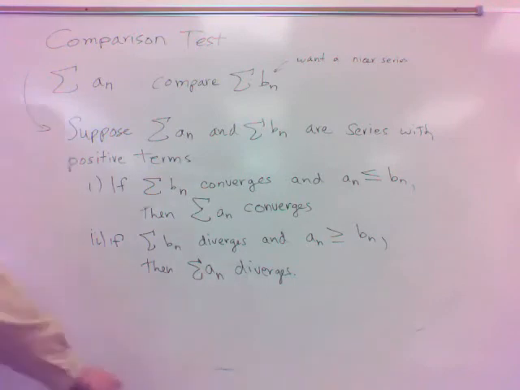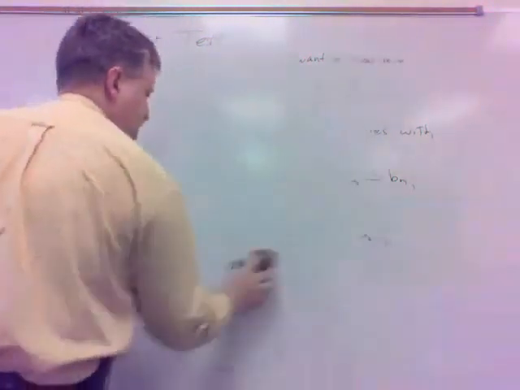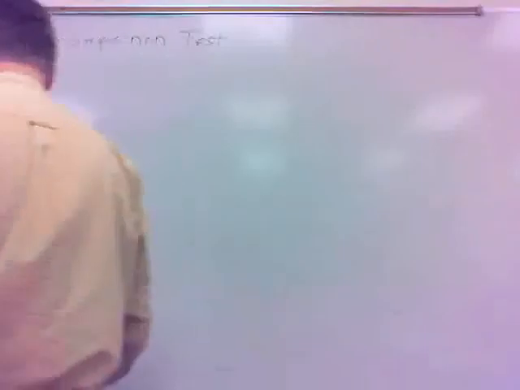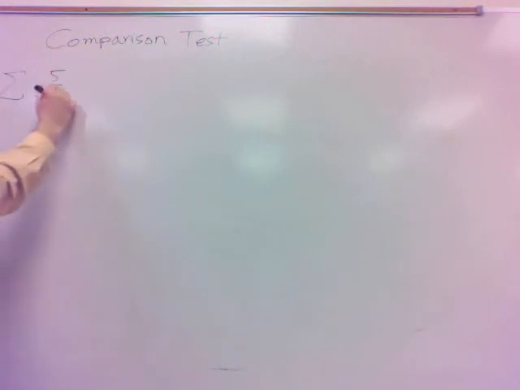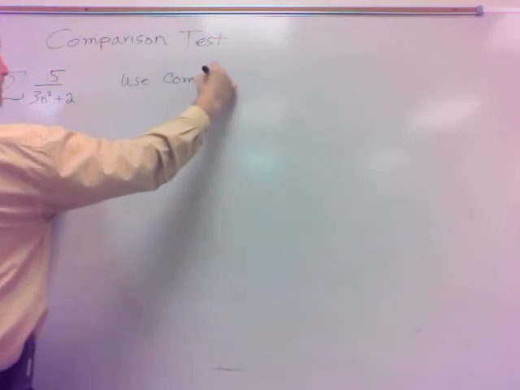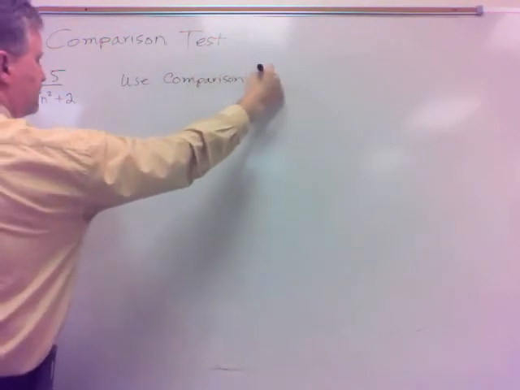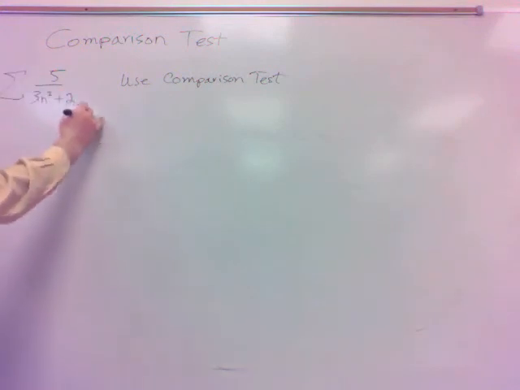Okay? All right. So let's use this on a couple of series. How about we do this one? Series 5 over 3n squared plus 2. Okay, we're going to use the comparison test. All right, so this is our A sub n.